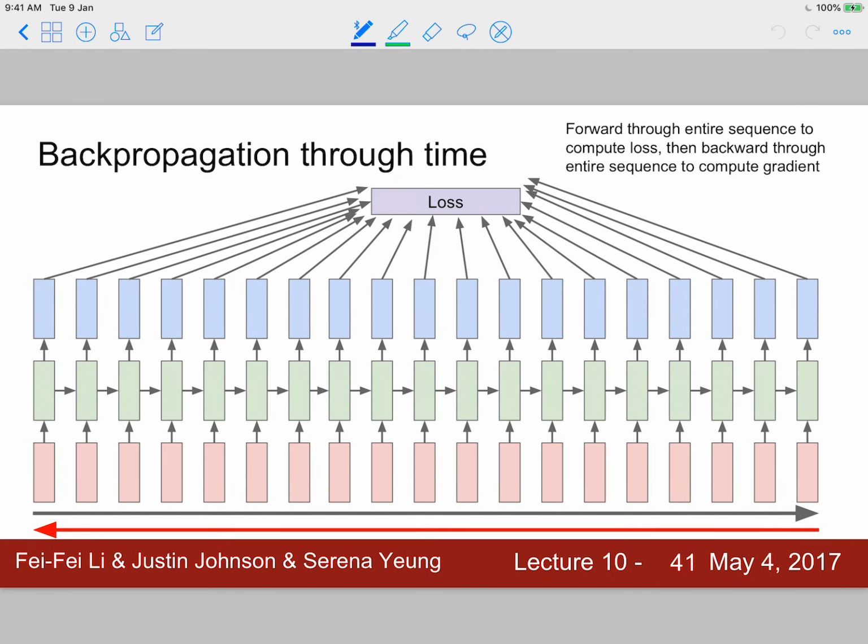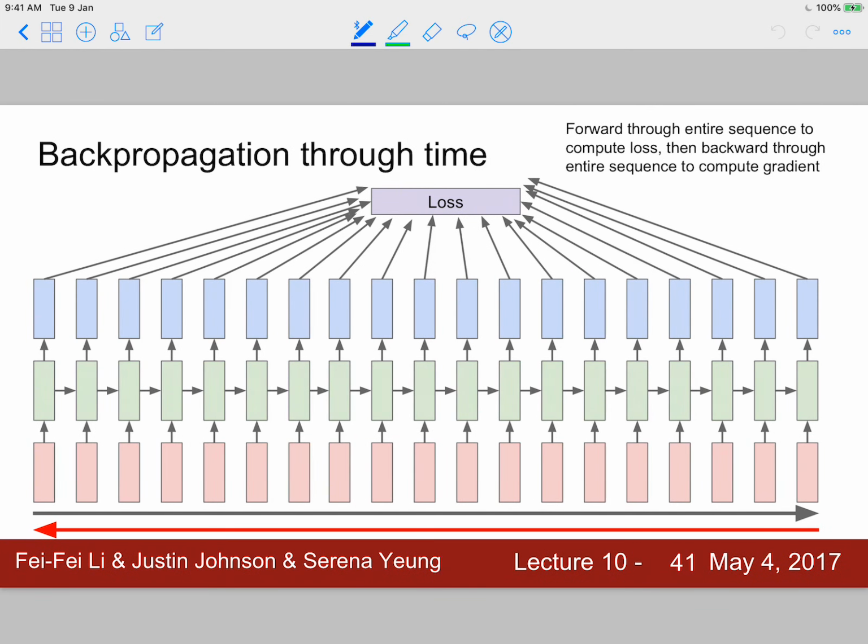So considering our bias terms, these two will work as the linear combination coefficients, where this a will be WXH and this one will be WHH.